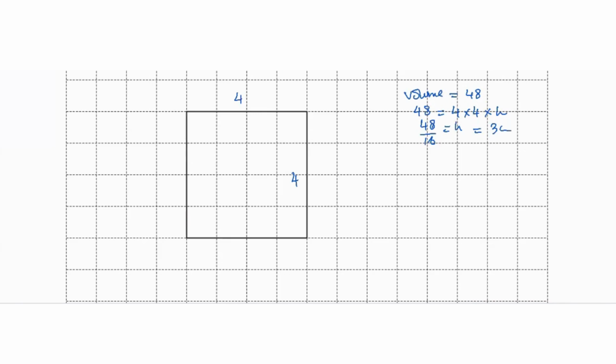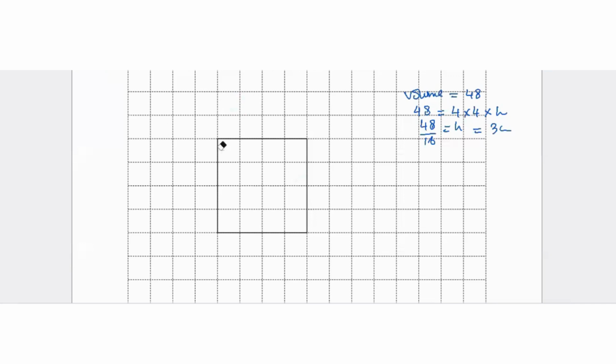So since it's a square, 4 over here, 4 over here. Now this distance is going to be 3 units. This is also going to be 3 since it's a cuboid. 3 and 3. Now since the bottom face is square, the top face is also going to be a square.